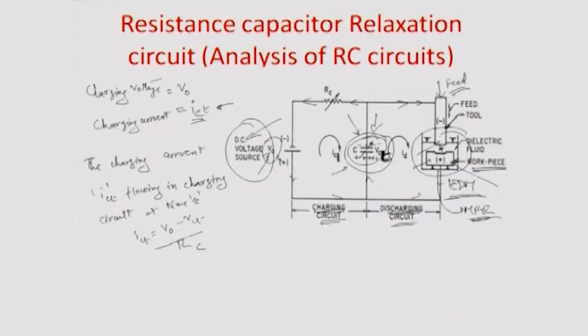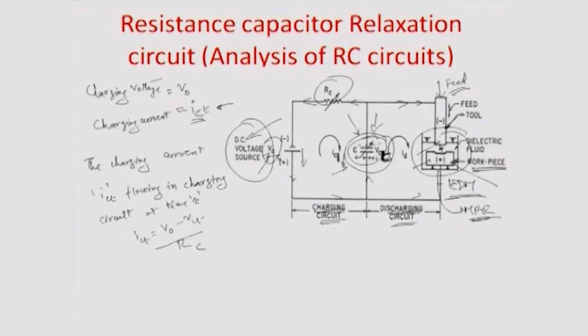Now, this voltage would be in opposition to the voltage which is formulated here. So, if the voltage formulated here is in this direction, this other voltage would be in opposition to this direction. So, this is VC(t), this is V0. So, V0 minus VC(t) is the drop, and this drop is across the variable resistance, the variac RC, and that is what IC(t) is.